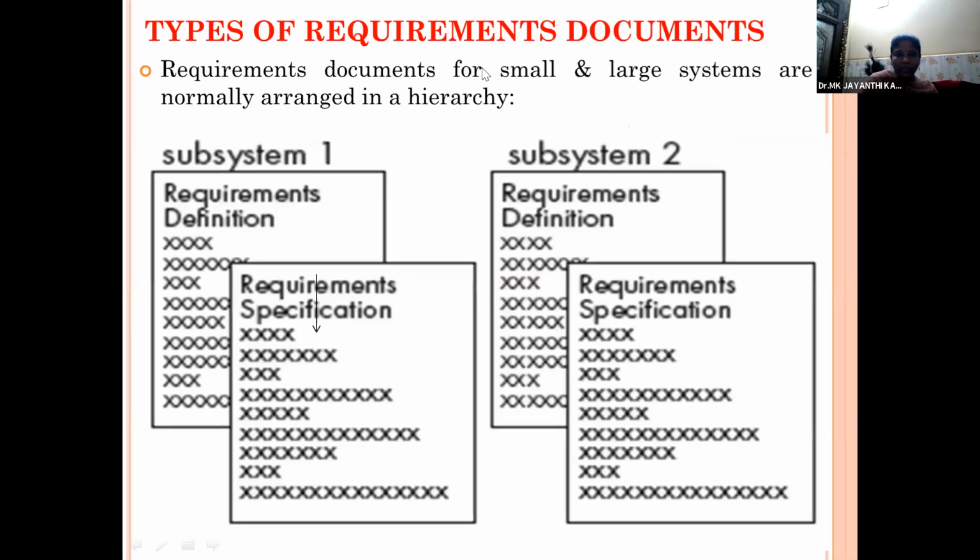The requirements documents for small and large systems are normally arranged in a hierarchy. The same project will be divided into many subsystems. For subsystem 1, what are the requirements? A requirements definition will be there, and a requirements specification will be written. In the same way, for subsystem 2 of your project, the requirements definition and the requirements specification will be written in detail.